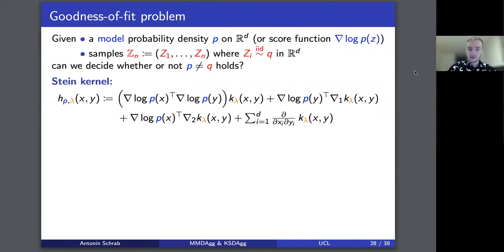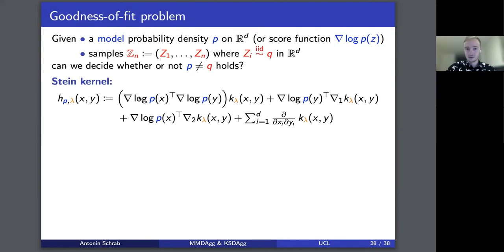And to do this, we can use a Stein kernel. K_lambda is just the kernel that we used for the MMD case. Then we define a Stein kernel h_P(lambda), which depends on P and on lambda. It's essentially this kernel.